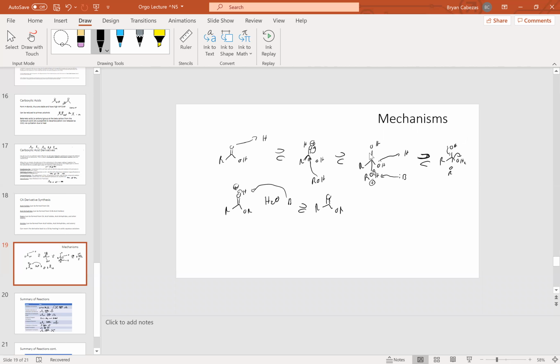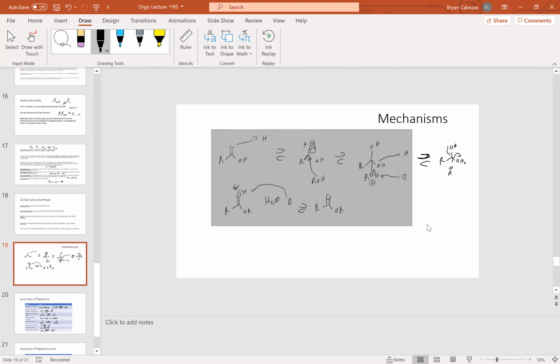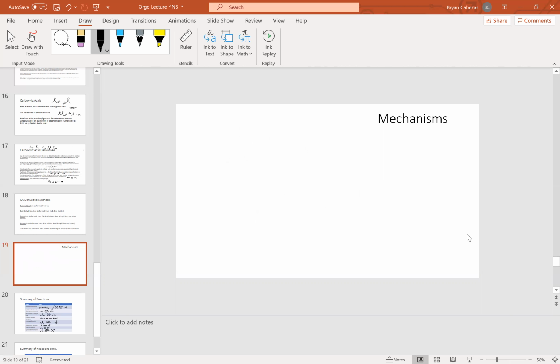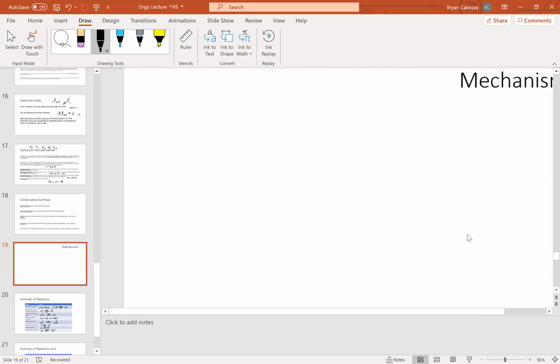Now, let's talk about the acid catalysis of hydrolysis. Remember, hydrolysis is the removal of the ester and then to make the carboxylic acid. All right, so let's draw that out. Let's see.